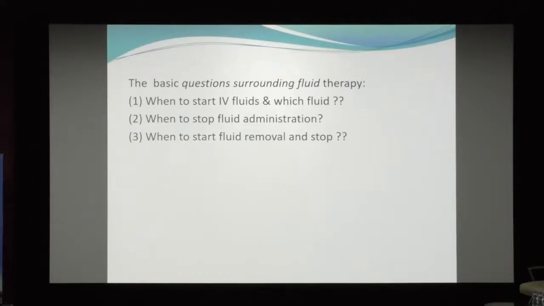So the basic questions surrounding fluid therapy are when to start IV fluid and which type of fluid, which I will come to in the later part of my presentation, when to stop fluid administration, and when to start fluid removal. As I said initially, there is a lot of gray zone here, or a lot of clarity is missing.